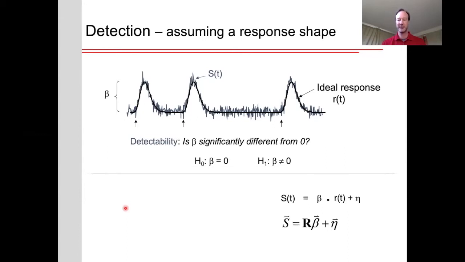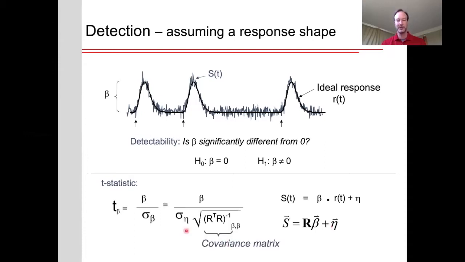We express that as an equation, as that the signal is this design matrix times our beta weights plus noise. And we can calculate a statistic, the t-statistic, to determine how well this particular response fits. And that is just the beta weight divided by the standard deviation of that beta weight, which is equal to the standard deviation of the noise times the square root of this particular element in the covariance matrix.